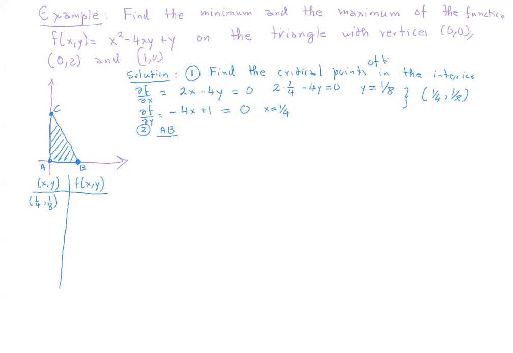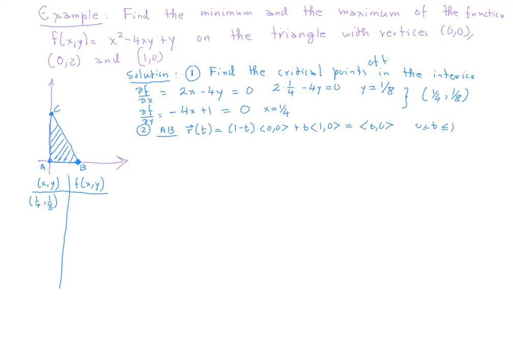So this is where our knowledge of parameterizing segments should come in handy, because the segment AB will be parameterized as (1 minus t) times (0, 0) plus t times (1, 0), which of course gives us (t, 0). And here t is between 0 and 1. And that's the first time that we use this formula after we mentioned it.